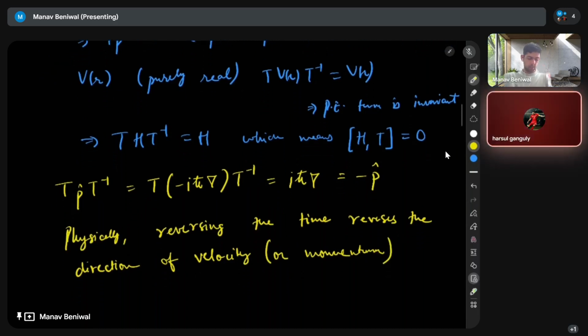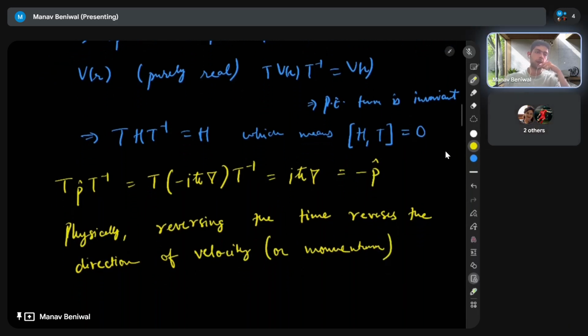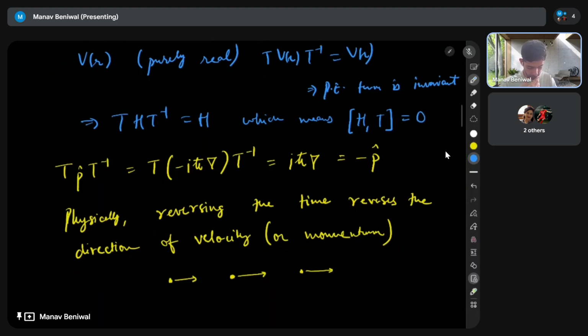Okay. So now imagine that your particle is here and it is traveling in this direction. After some time it is here, traveling here, traveling here. Now if you rewind this video of the particle traveling, what you will see upon time reversal is that our particle is traveling this way.